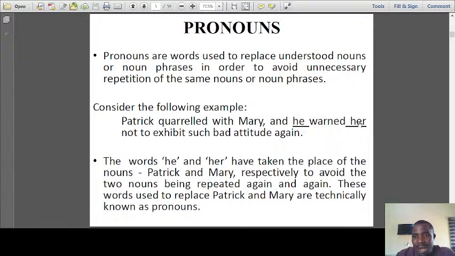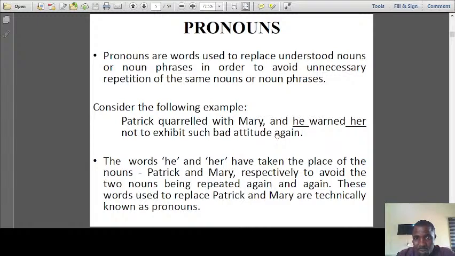While her is a feminine word used to replace a feminine gender, Mary. So the appropriate pronouns will always be used. But our interest in the definition is that a word will be used to replace a noun to avoid unnecessary repetition of it. Otherwise it will not sound normal, although correct, if you say Patrick quarreled with Mary, and Patrick warned Mary not to exhibit such attitude.